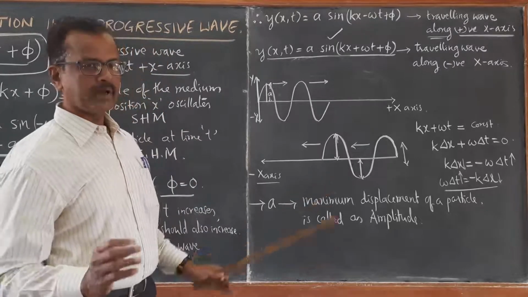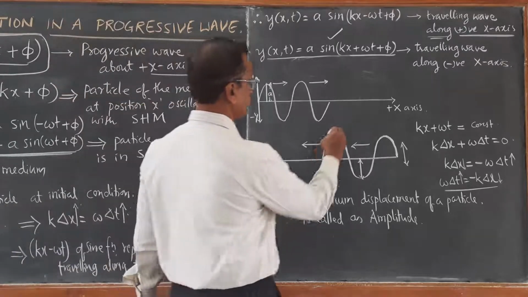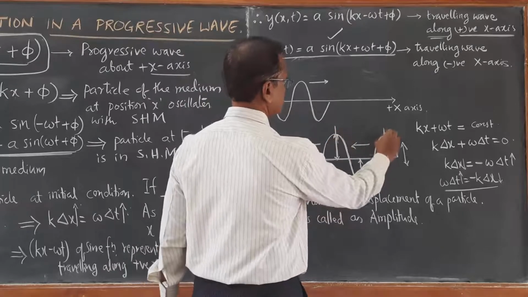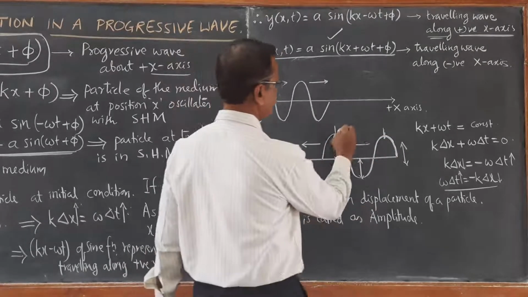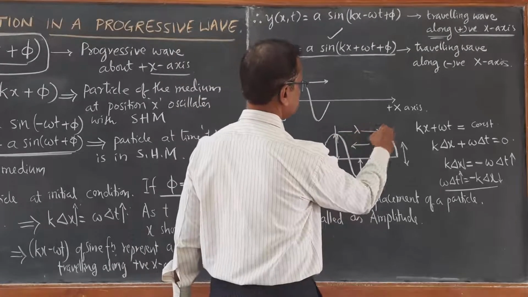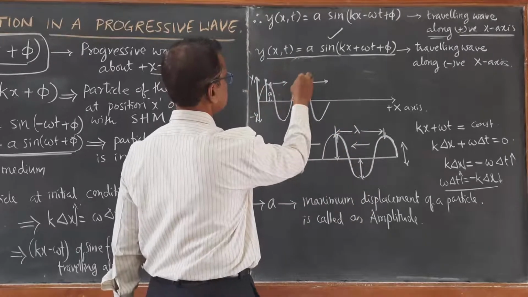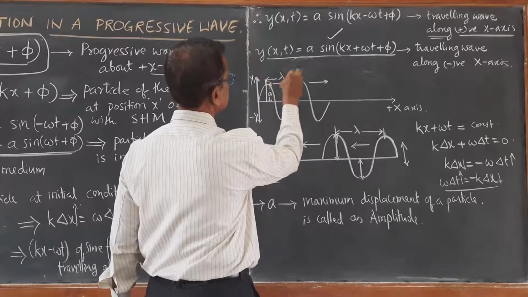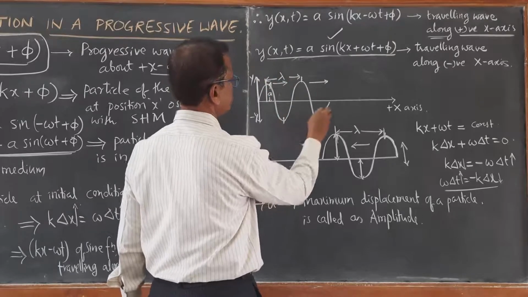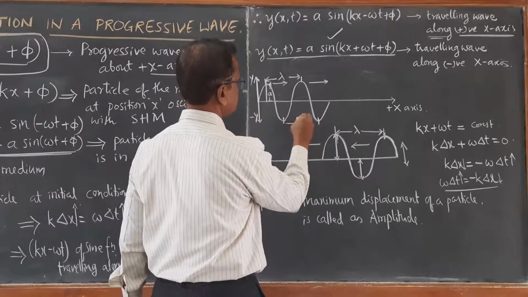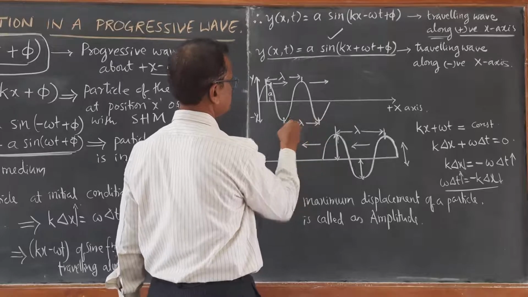We already know the distance between two consecutive crests is called wavelength. In the same way, the distance between two consecutive troughs is also called wavelength.